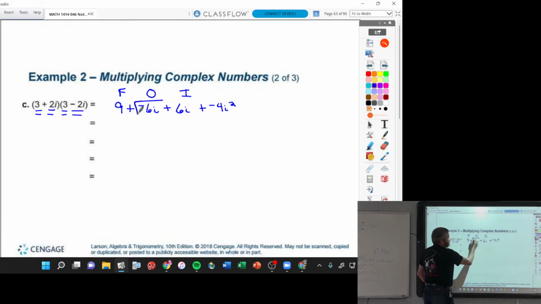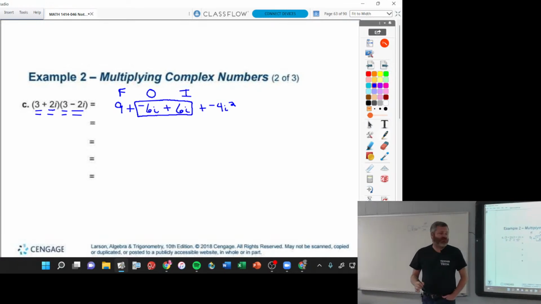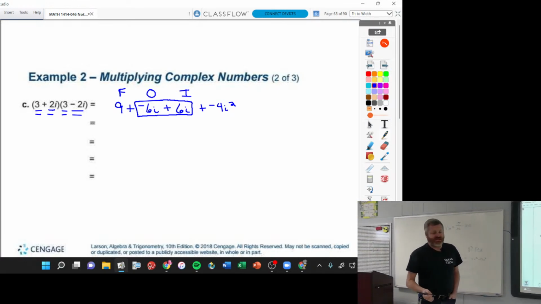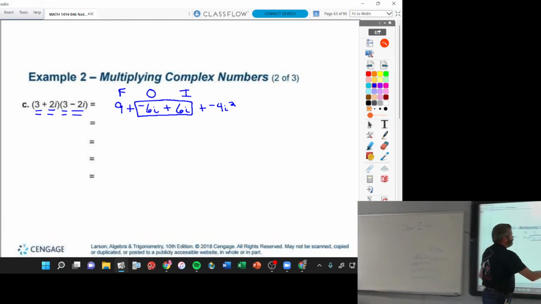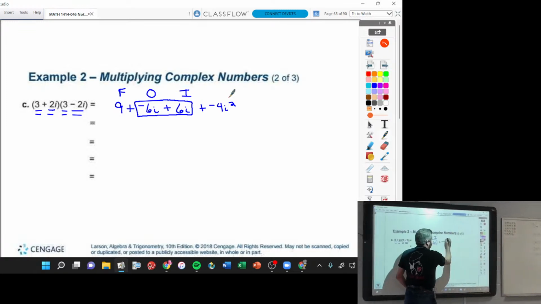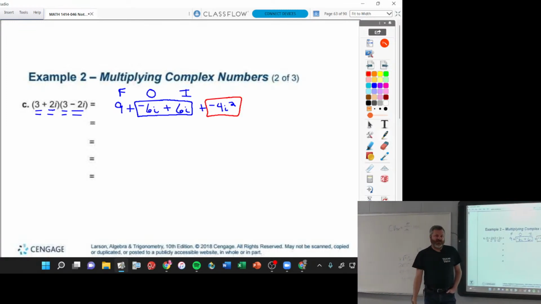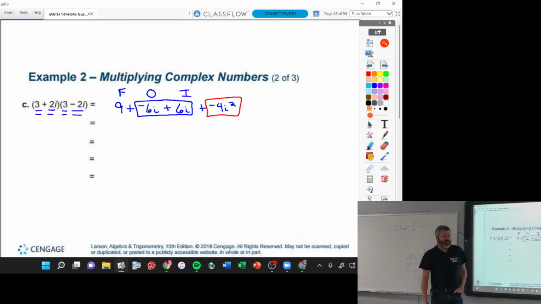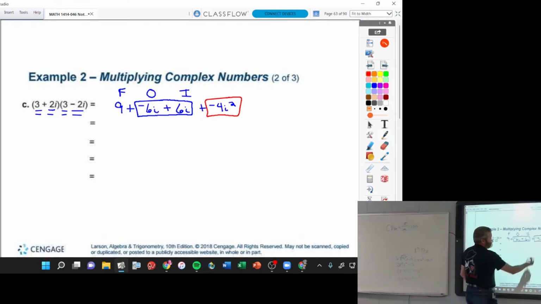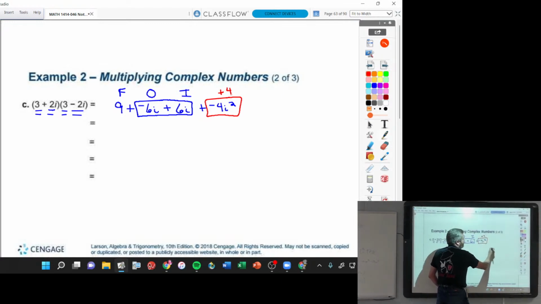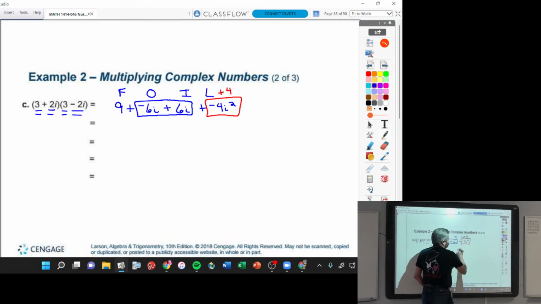And just as I mentioned a while ago, because we're multiplying conjugates here, your outers and inners will cancel each other. Negative 6i plus 6i is 0. Also, notice here at the end, I have an i squared. i squared is negative 1. So negative 4 times that negative 1 becomes plus 4. I forgot my L for last, so I'll throw it in there real quick.